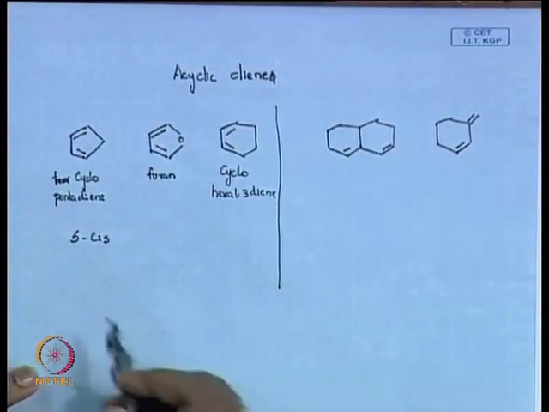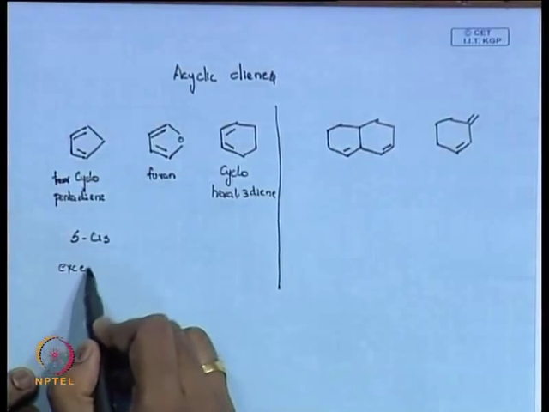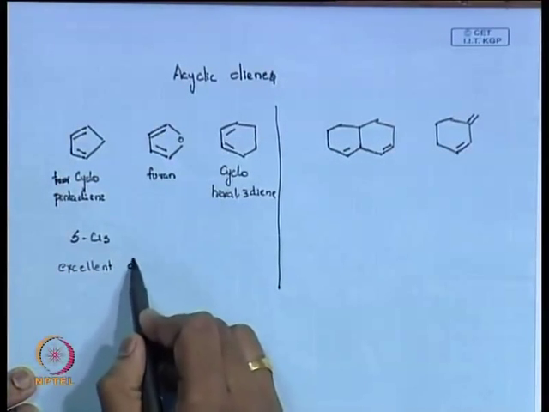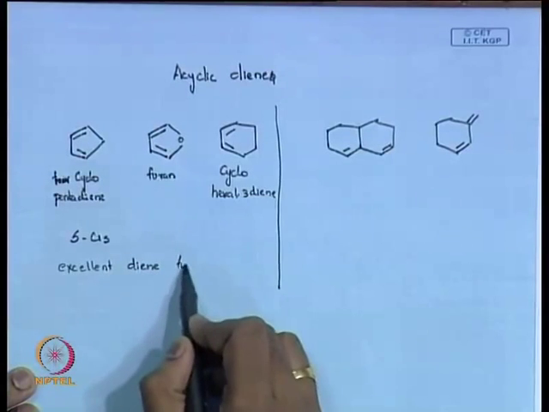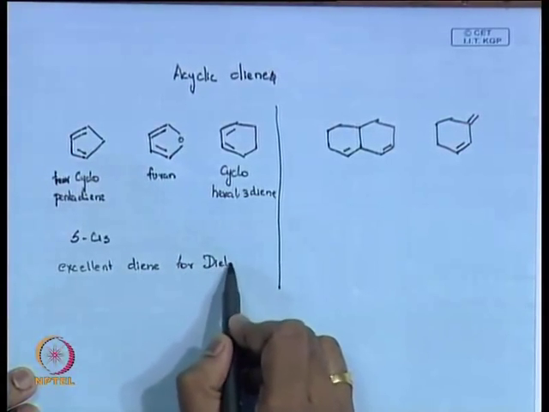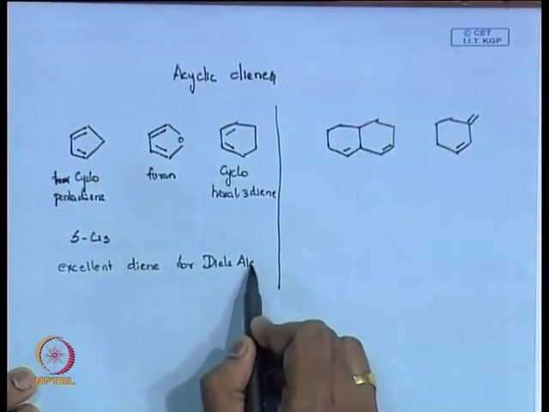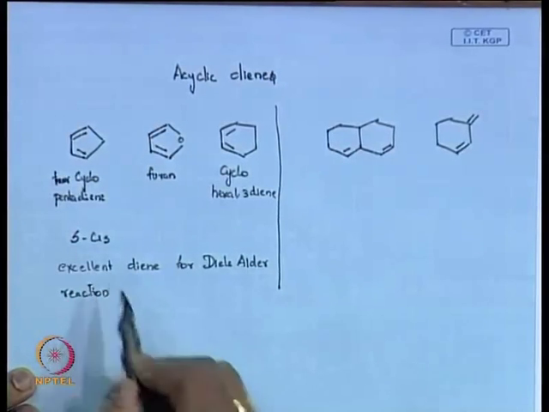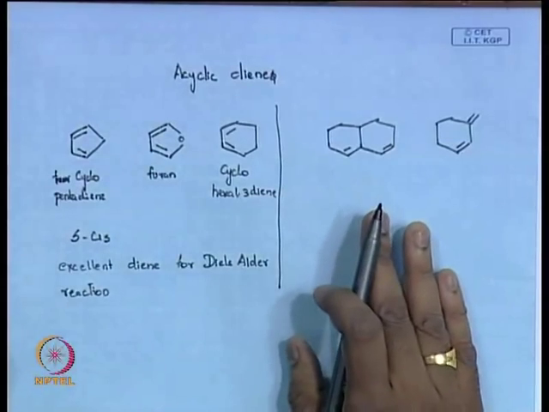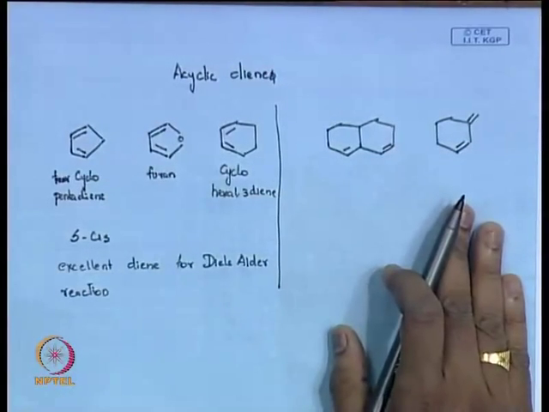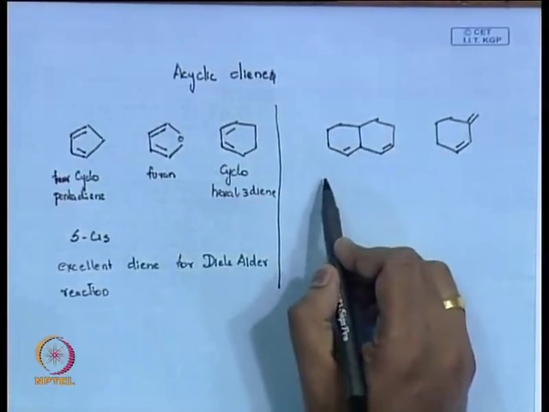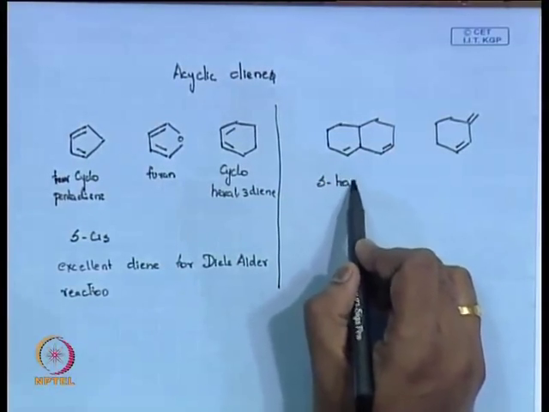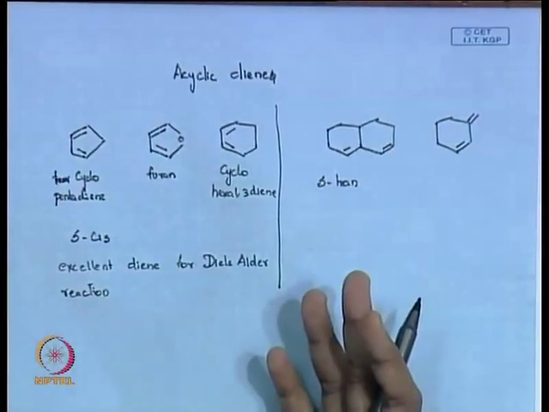and they are excellent dienes for the Diels-Alder reaction. But if you come to this other class of dienes, they are S-trans, the conformation is locked in S-trans, and they cannot go to the cisoid form.